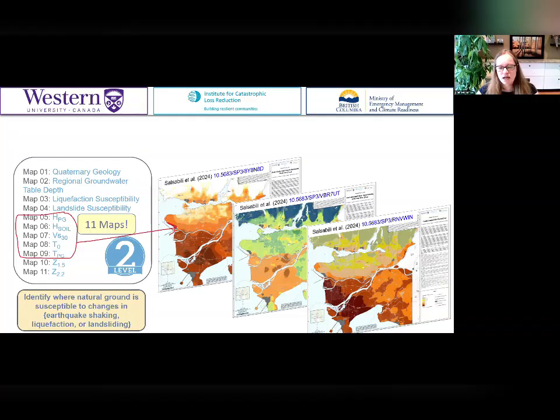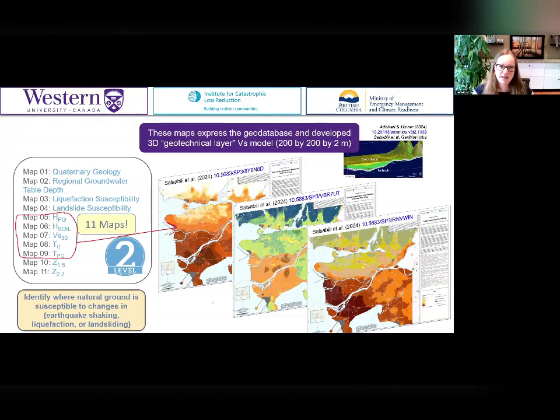Then there's this group of maps that basically express the geodatabase. It's not just simple interpolation of the data. It also involves the sophistication of geospatial modeling, and a three-dimensional velocity model underpins what that prediction is in any given location.